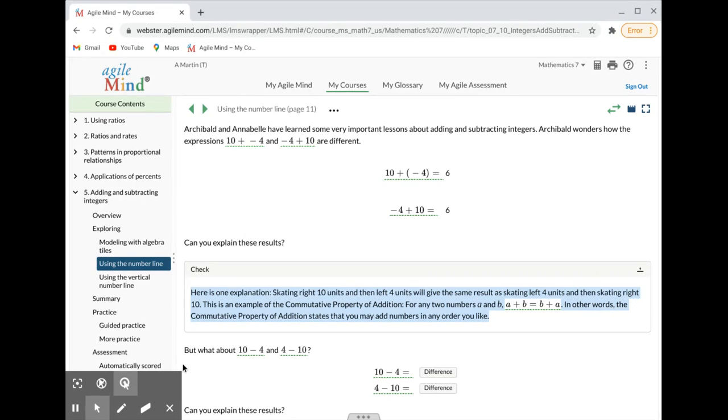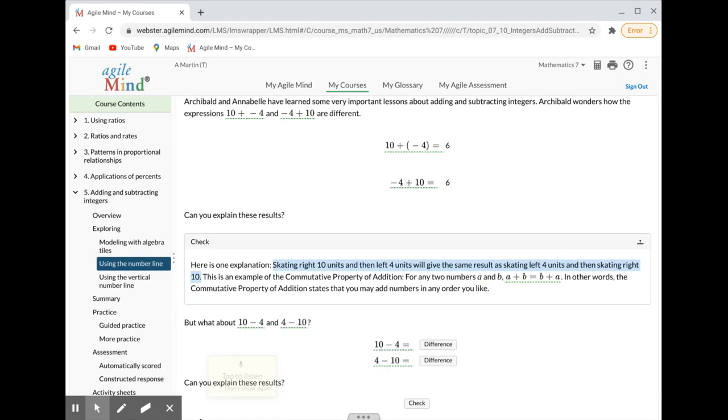Okay? And so, talking about that, if you look at this and you talk about them skating, what did she do skating? She skated right 10 times. Mm-hmm.